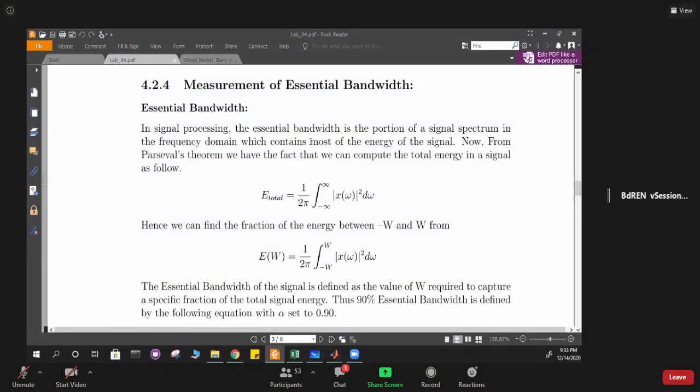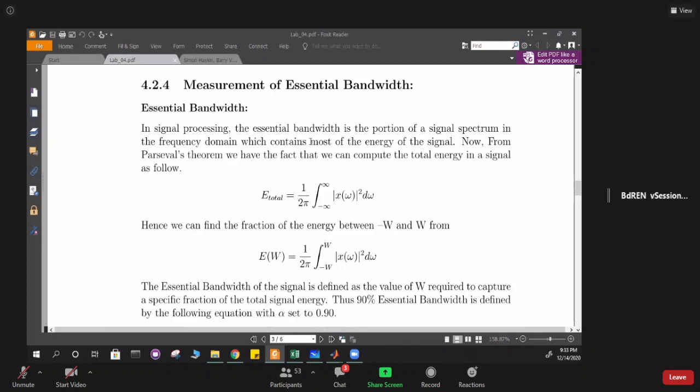Someone can say it is 90%, someone 95%. So even if you look for the definition of bandwidth, it depends on the application. From application to application, the bandwidth is basically the signal spectrum in the frequency domain, obviously. But how much of that is the bandwidth?